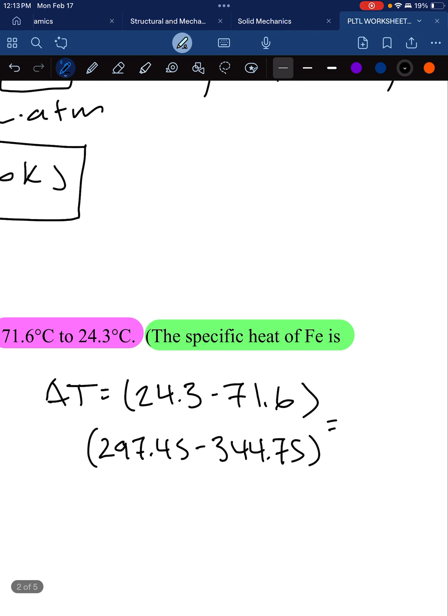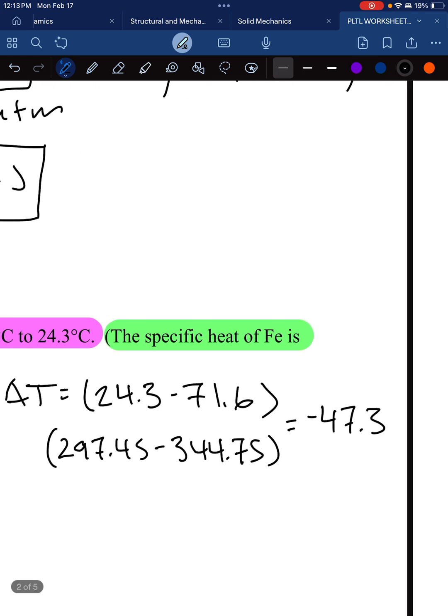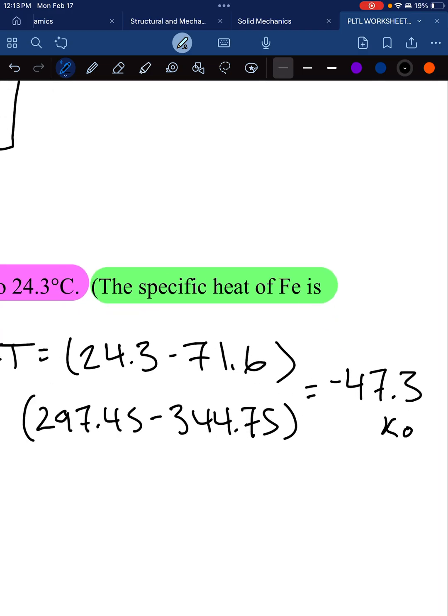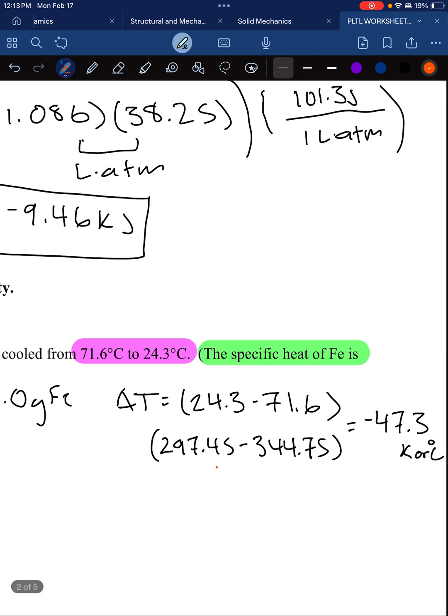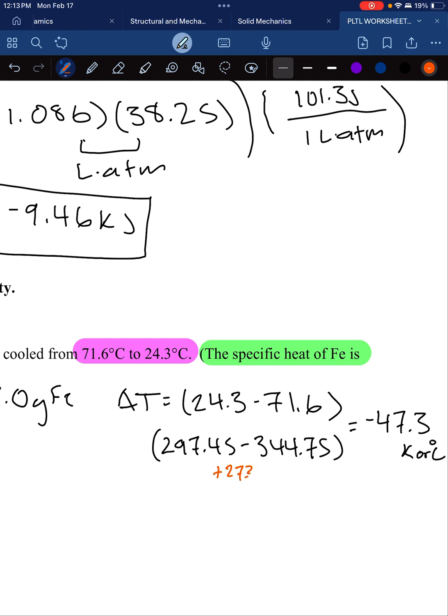Okay, so now let me find that difference. And when I find that difference, you'll see that both of these actually equal negative 47.3 Kelvin or Celsius. And so it doesn't actually matter because it's a difference, and because down here you're just going to add 273.15 to both of them.